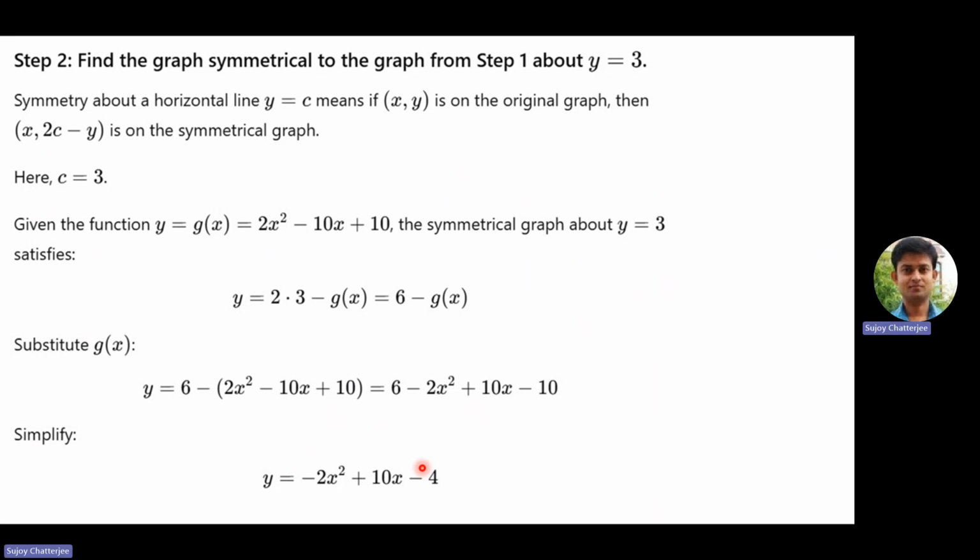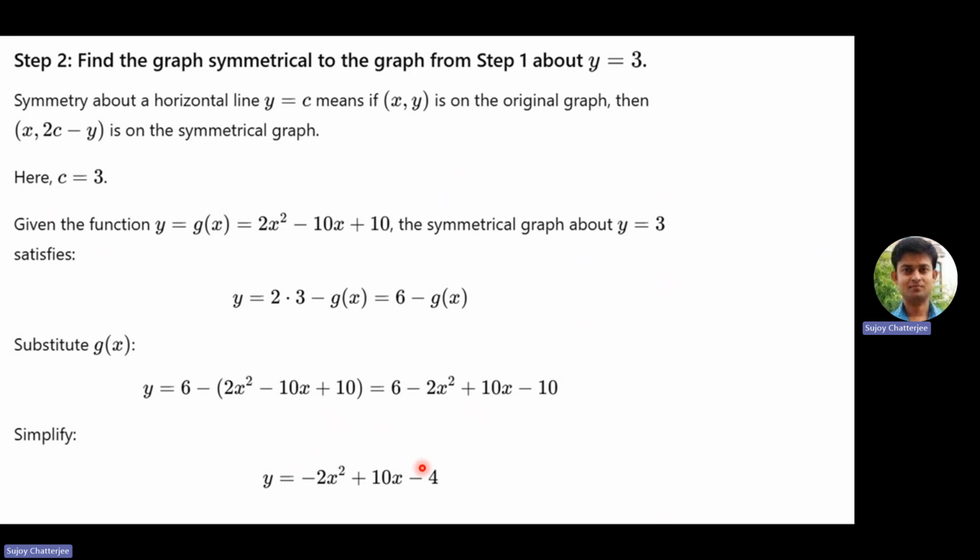Given the function y equals g(x) equals 2x squared minus 10x plus 10, the symmetrical graph about y equals 3 satisfies y equals 2 times 3 minus g(x), which is 6 minus g(x). So now we need to substitute g(x). Substituting g(x), y equals 6 minus (2x squared minus 10x plus 10), which is equal to 6 minus 2x squared plus 10x minus 10.